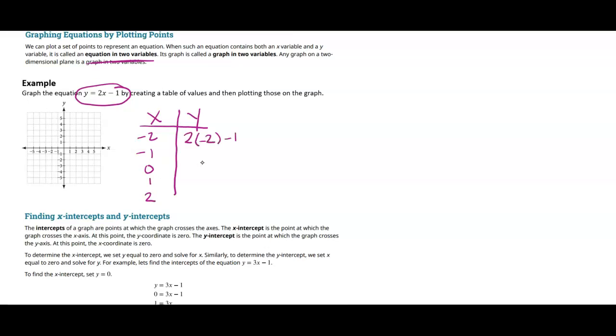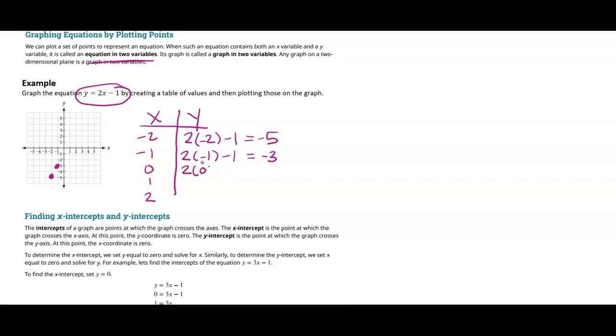Y is then equal to -4 minus 1, -5. So this point is going to be at (-2, -5). I'm going to plug in -1 for x. -2 minus 1 gives me -3. So this is at the point (-1, -3).